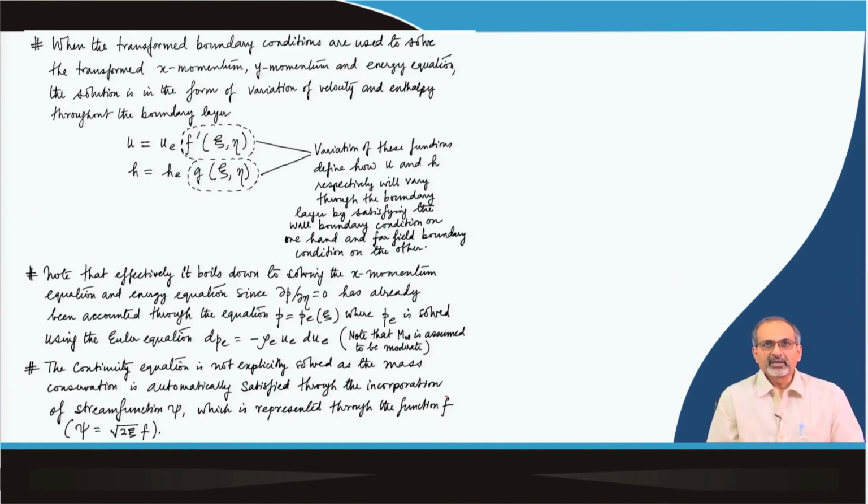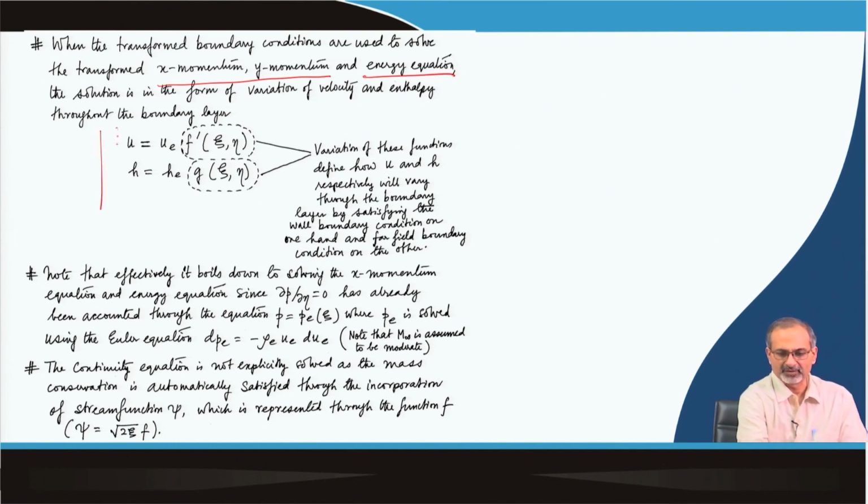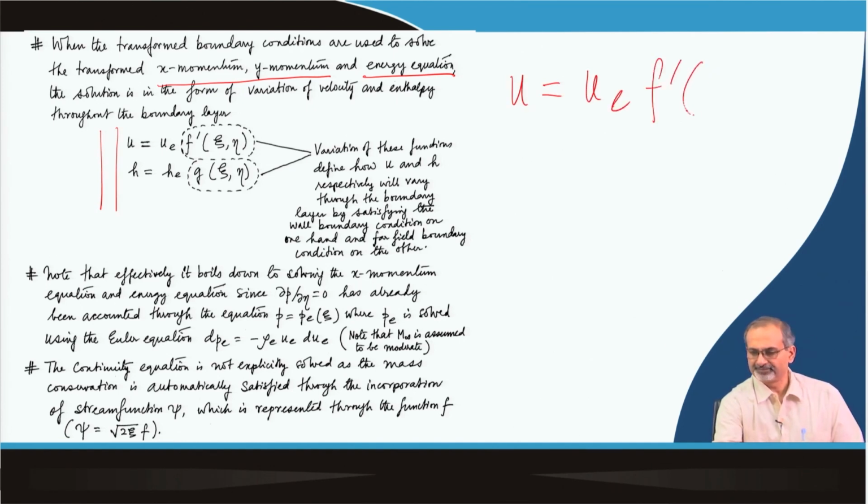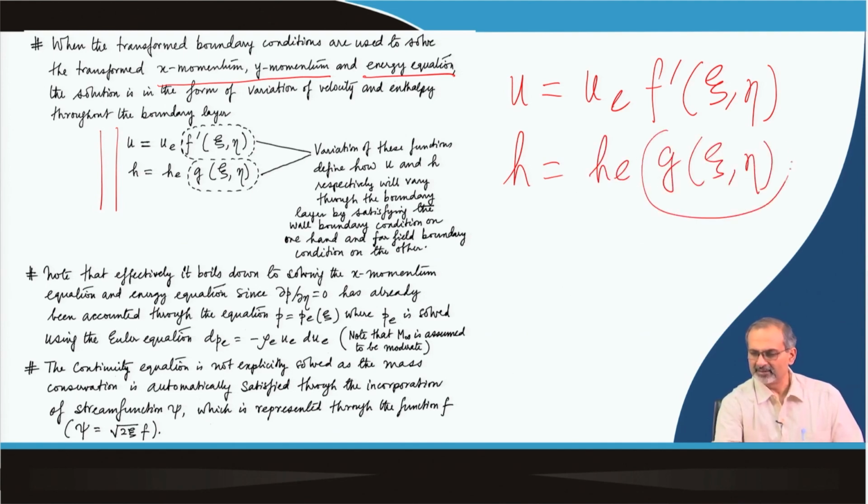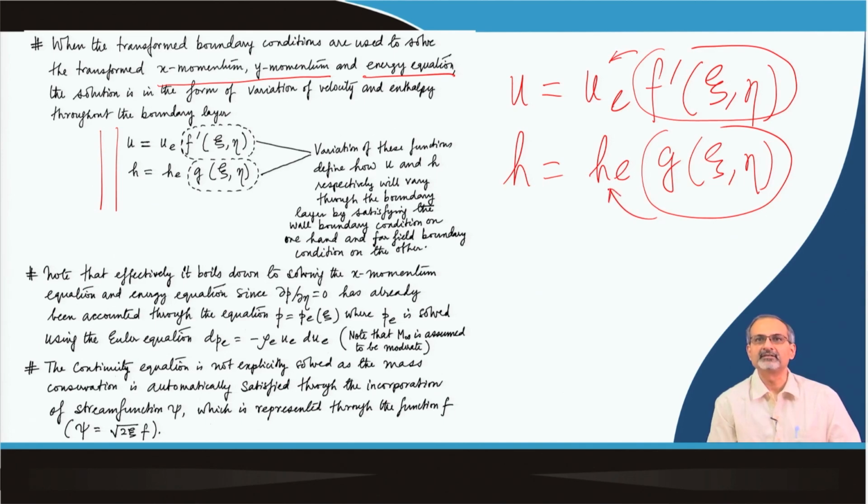When the transformed boundary conditions are used to solve the transformed x and y momentum equation and energy equation, the solution is in this form, the variation of velocity and enthalpy through the boundary layer. This is the variation of velocity, this is the variation of enthalpy, and see that these two functions are basically kind of weightage functions which are acting on the free stream values.